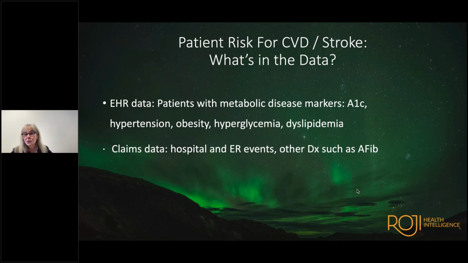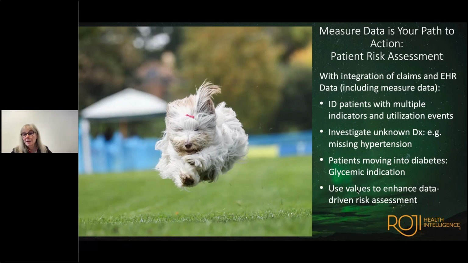This kind of data, as rich as it is, if you're looking at really CQM data with a lot of clinical information as well as claims, gives you the ability to start working on patient risk assessment methods by identifying patients with multiple indicators and utilization events, investigating unknown diagnoses like missing hypertension or missing values that should be in the mix for certain conditions, or for medications that are addressing the diagnosis, but the hypertension or the diagnosis is missing, can increase your HCC score as well.